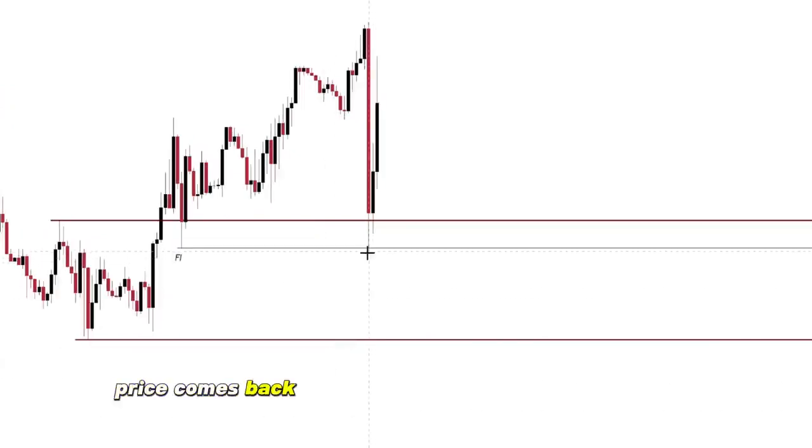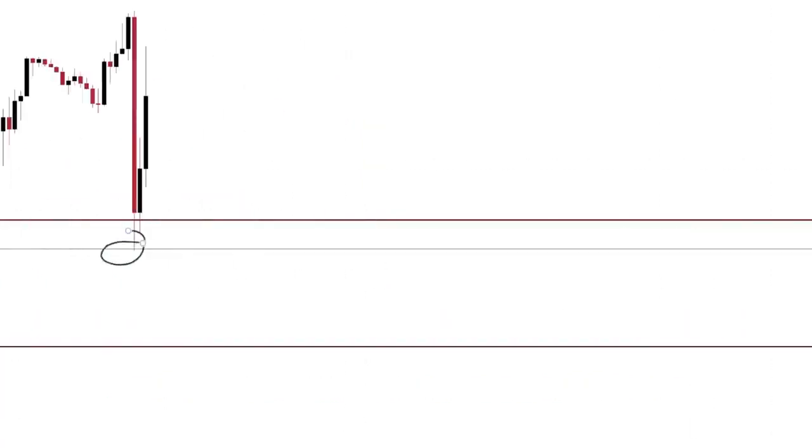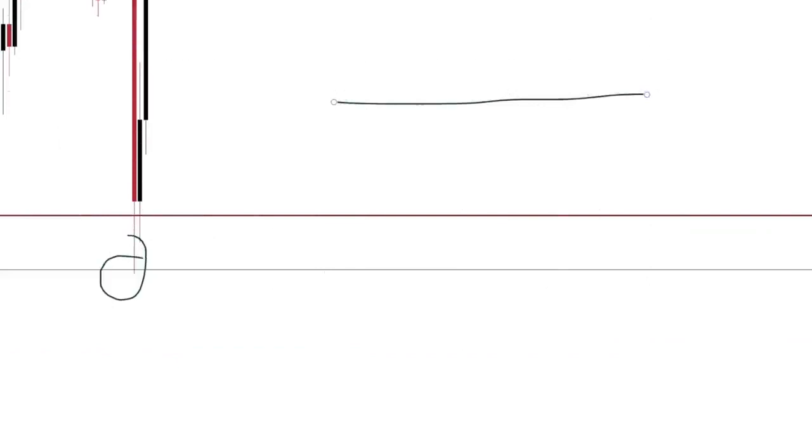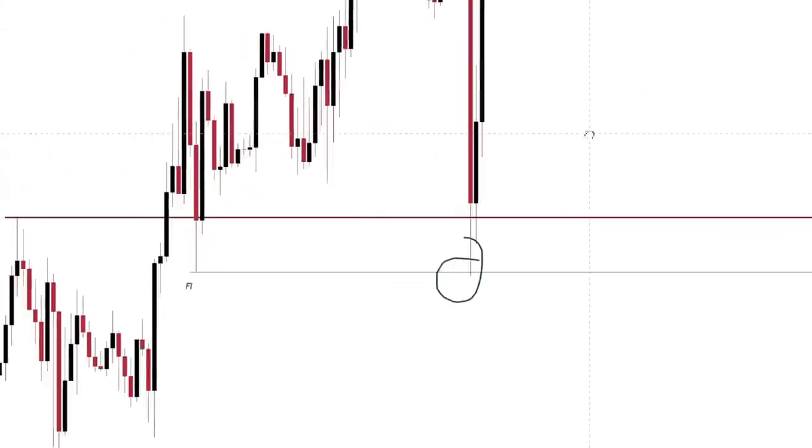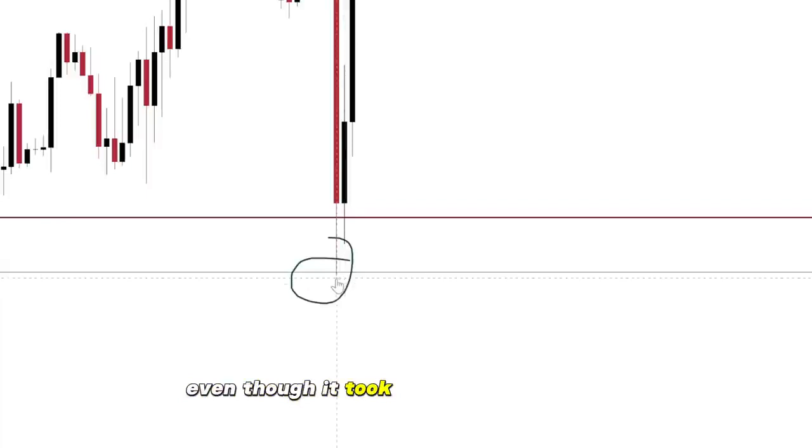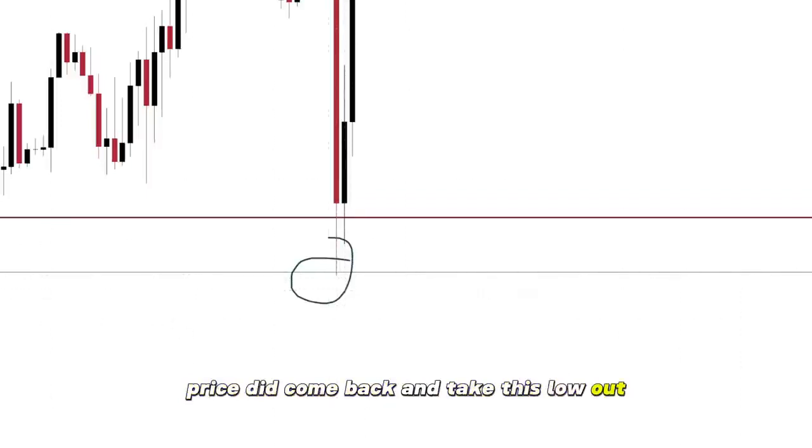Price comes back and barely but does take out this low. As you can see, even though it took less than one point, price did come back and take this low out.